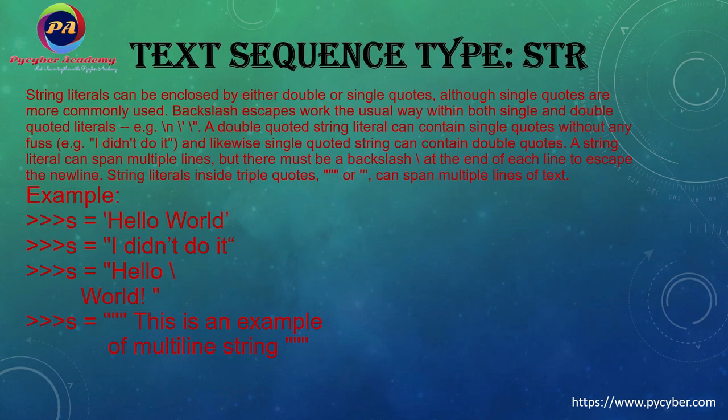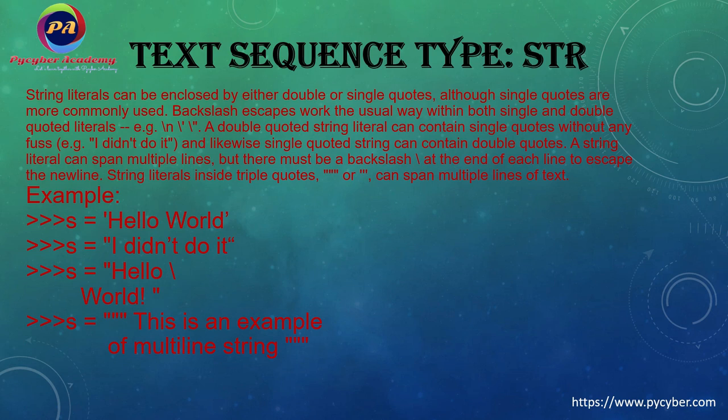Moving to the next, that is str. String literals can be enclosed by either double or single quotes. That is, we can represent a string by enclosing it with single quotes or double quotes. Although both are used, single quotes are more commonly used.